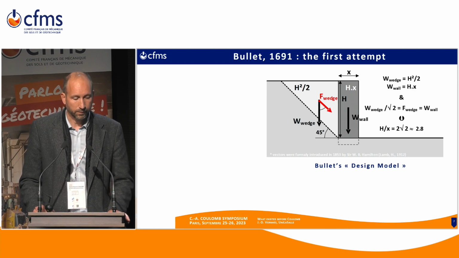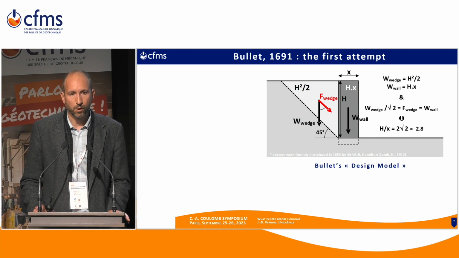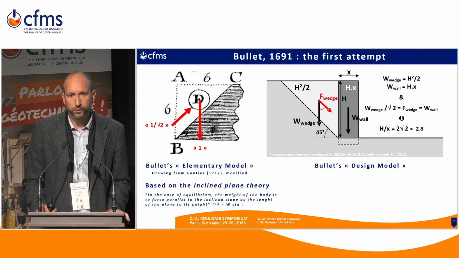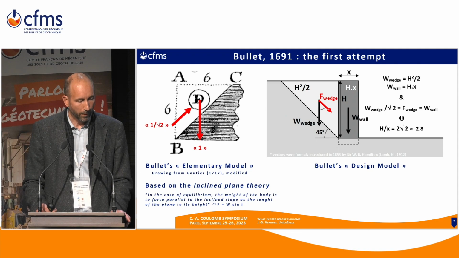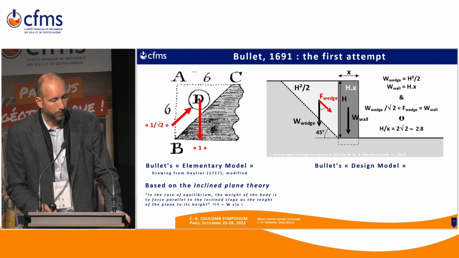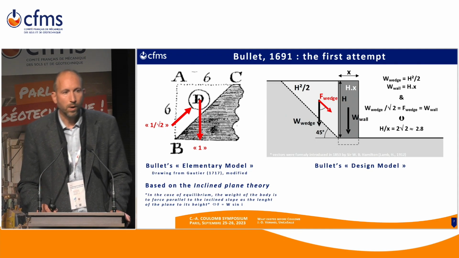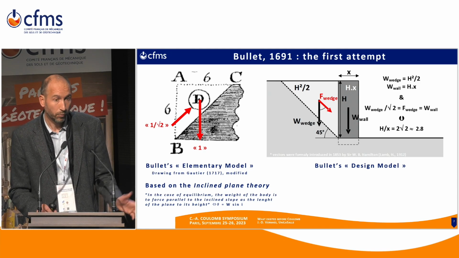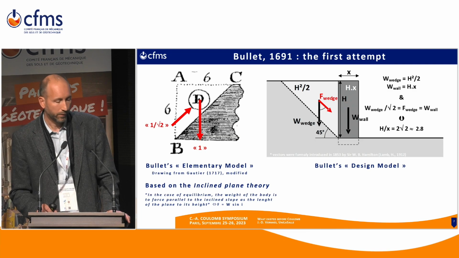Then there is a sort of factor that appears in his work, which is 1 over the square root of 2. This factor came from another model, which I would call an elementary model, based on a well-known theory of that time, at the end of the 17th century, which is a very simple one for us today: the inclined plane theory.